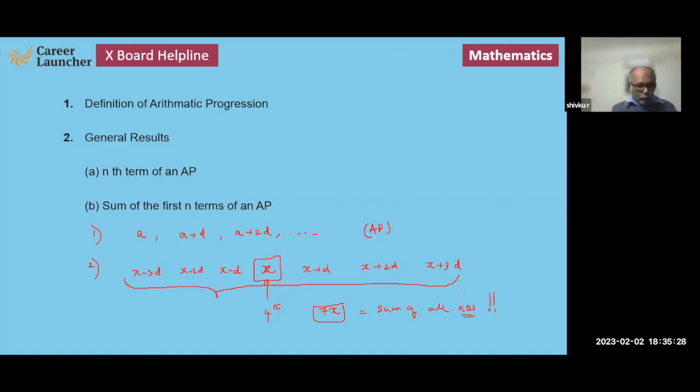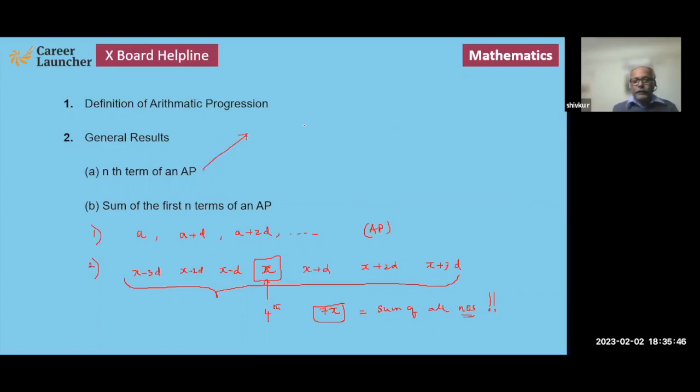We don't have to work with these at all in this case, right? So this is one very useful tip that you can keep in mind, especially while working with an odd number of terms.